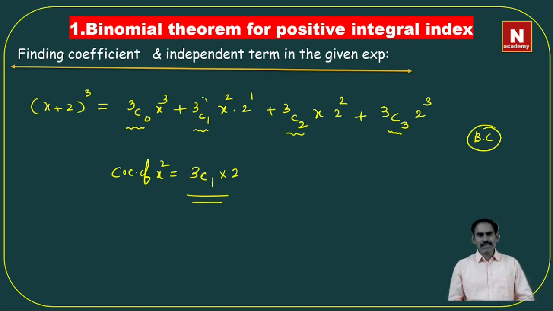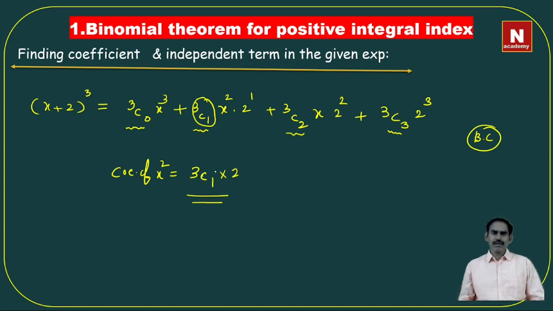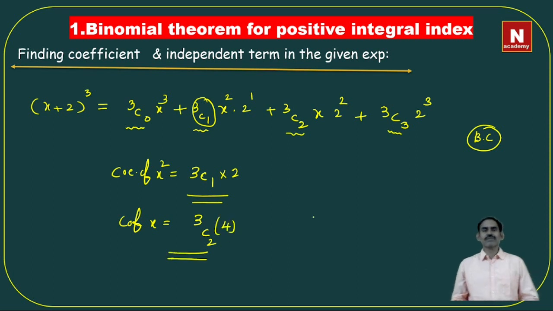But only 3C1 is called the binomial coefficient. That is the difference. If they ask for the coefficient of x, what is it here? 3C2 into 2 square, that is 4. This is called the coefficient of x. But for the binomial coefficient, only 3C2 is called the binomial coefficient.